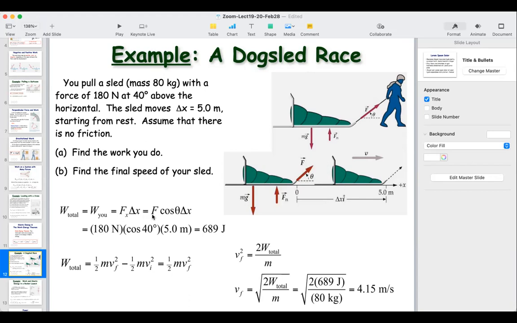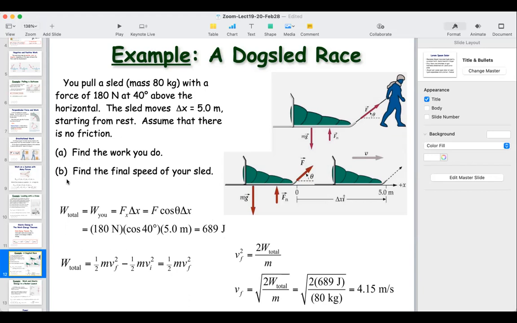So we have F cos theta delta x: 180 Newton times cosine of 40 degrees, multiplied by 5 meters, which gives you 689 joules. Indeed, Newtons times meters is joules, so we also have the proper unit. And this is the answer to part A.